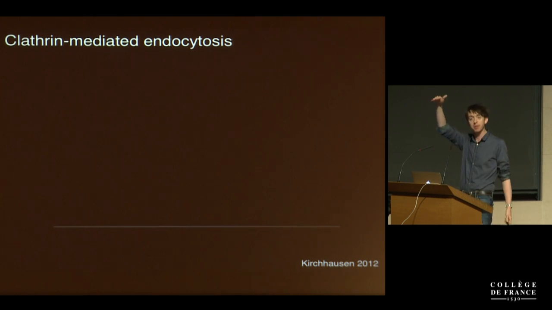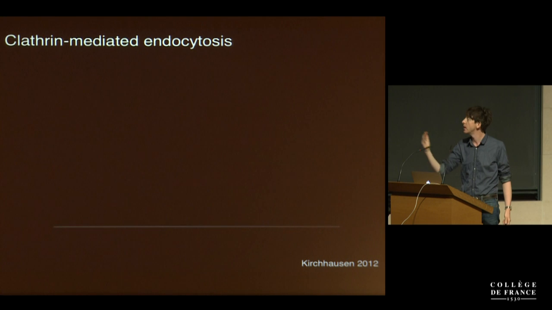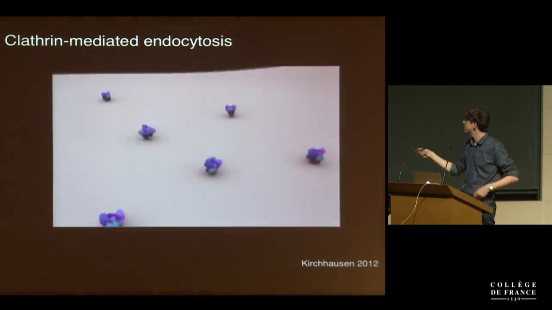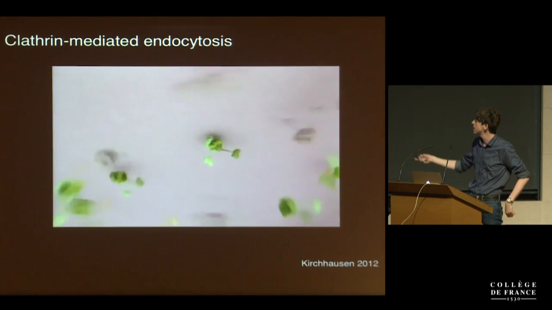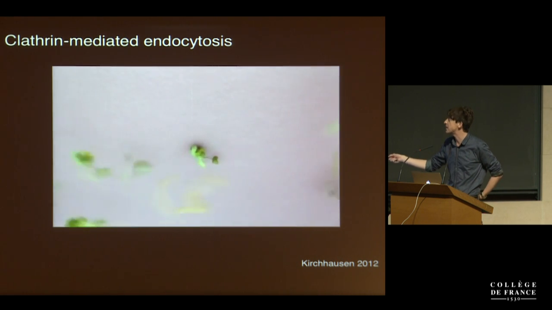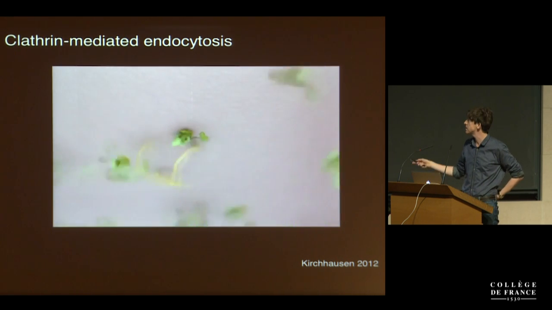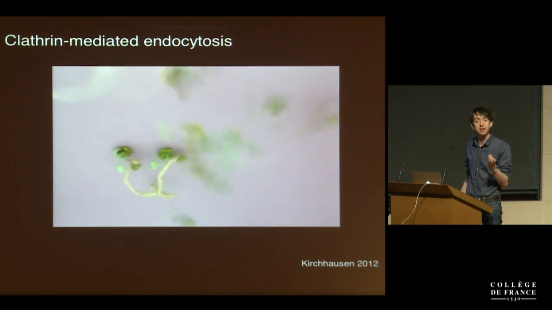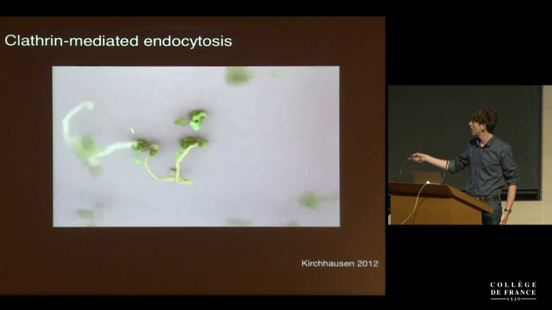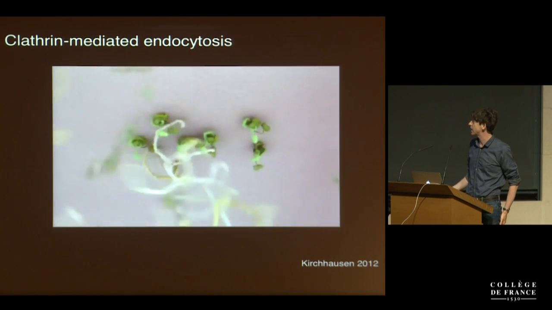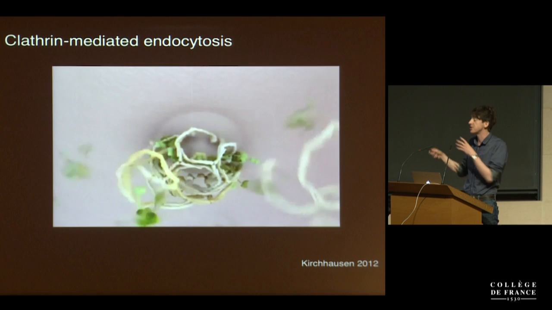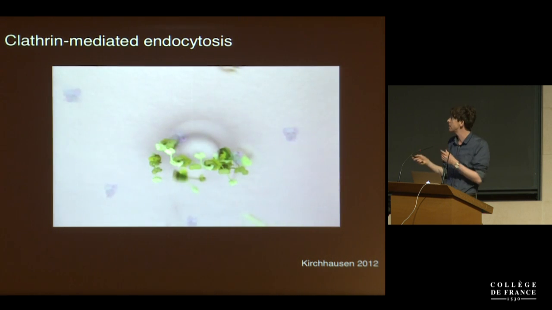So in this animation, we're going to be coming through the plasma membrane to look at the cytoplasmic face, such as we were just viewing by EM. So these are receptors in the plasma membrane, and now we're looking at the cytoplasmic face. And in green, we can see these adapter complexes, the AP2 complex. These interact with the cytoplasmic tails of receptors, and also recruit Clathrin triskelia, which assemble into cages around an invaginating Clathrin-coated pit.